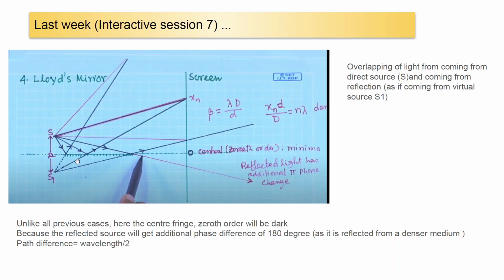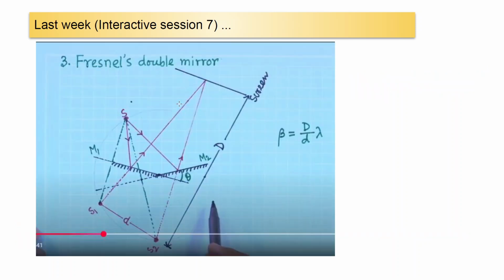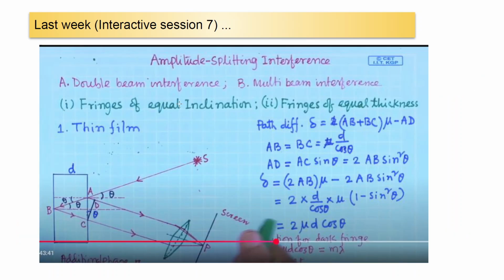Here, from this mirror, one will be reflected and one will be direct, and thus they'll interfere to give us an interference pattern, because the reflected one will have some path difference. So these were the different techniques through which we can get an interference pattern as we desire.